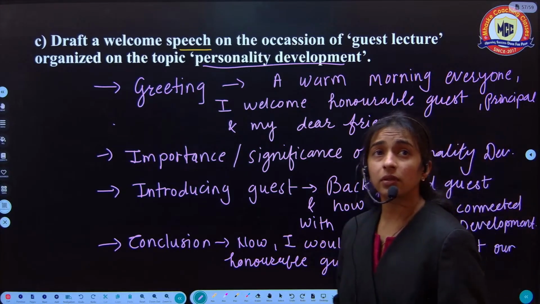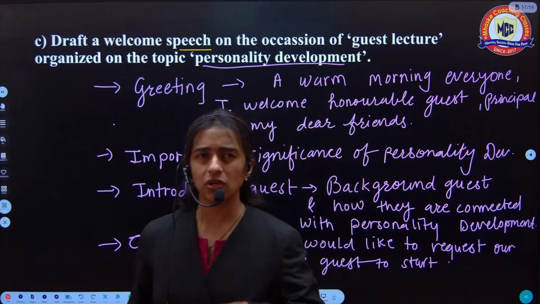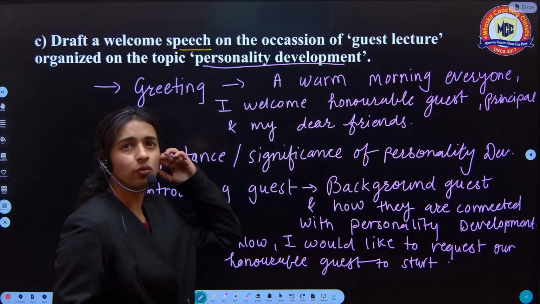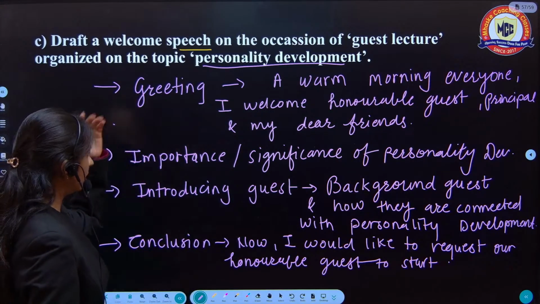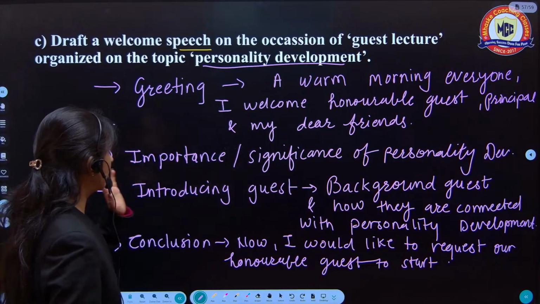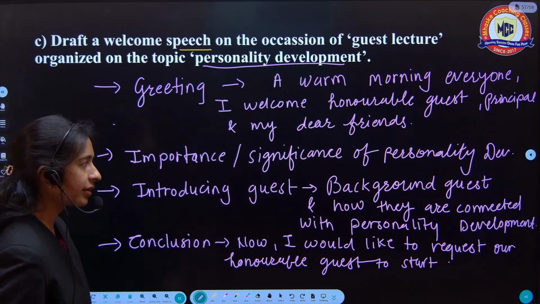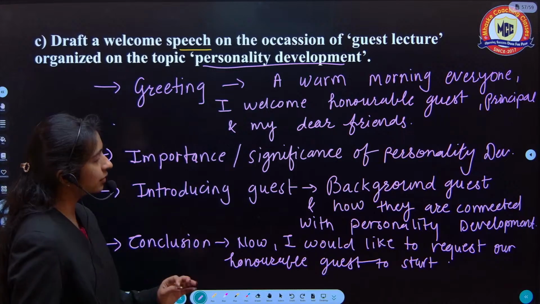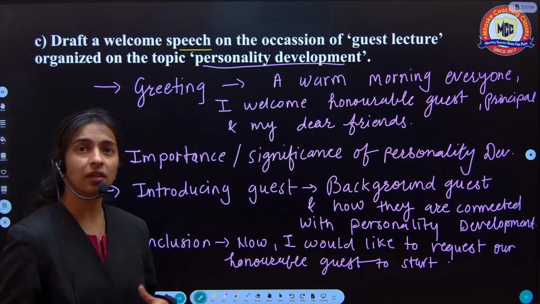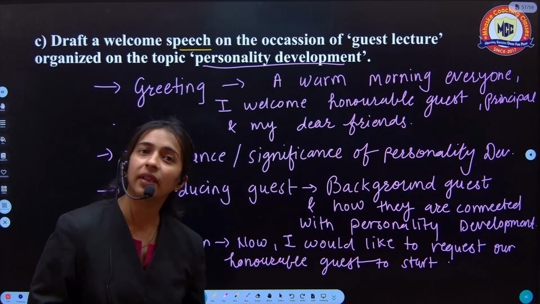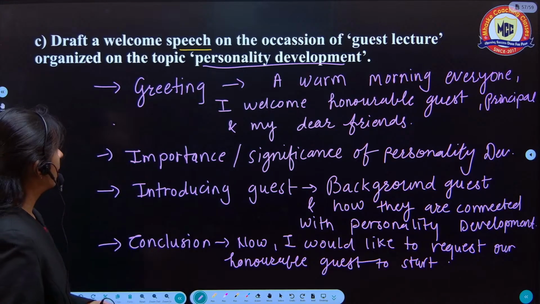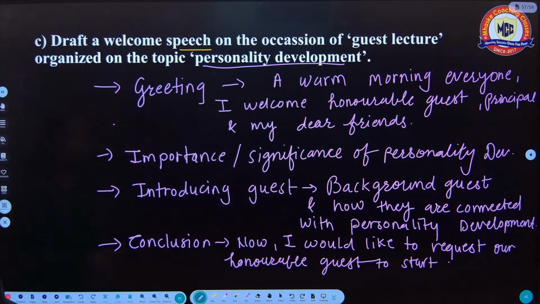Okay, so this is how you can give a speech. It will be a short, 5 to 10 minute speech where you'll greet, tell the importance of personality development, introduce the guest, their background, how they are connected with personality development, and the conclusion of requesting the guest to start up with the lecture. Okay, I hope this is cool.